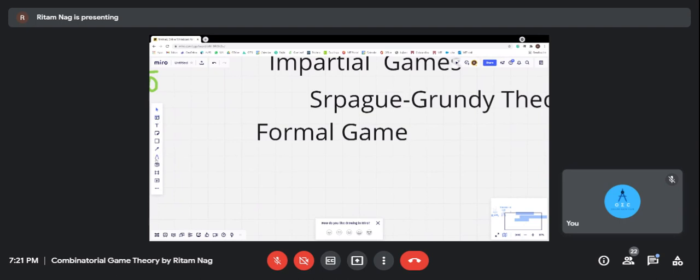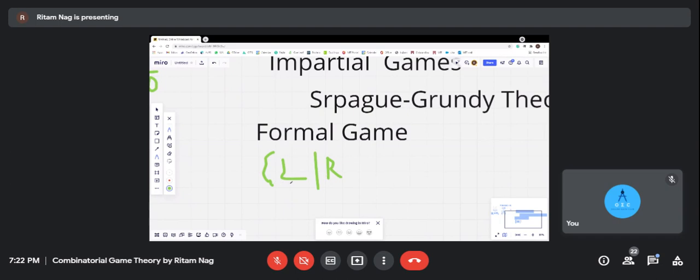So the idea is that you can define a game to be just a pair of sets of games. A game is defined as a pair L/R.